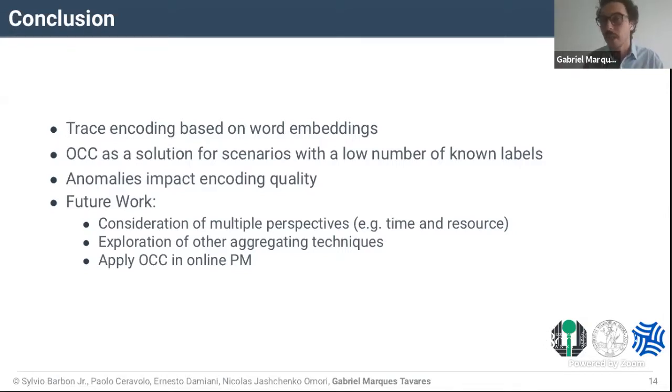With clustering, you can detect different variants, let's say, but you may not have these labels. So if you only have a set of few normal traces, you can apply these one-class classifications and obtain nice results for anomaly detection.